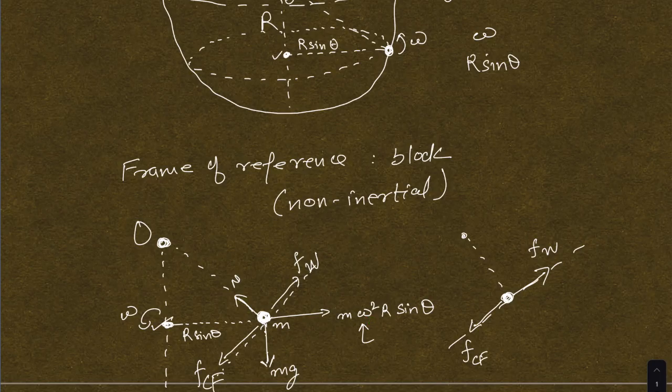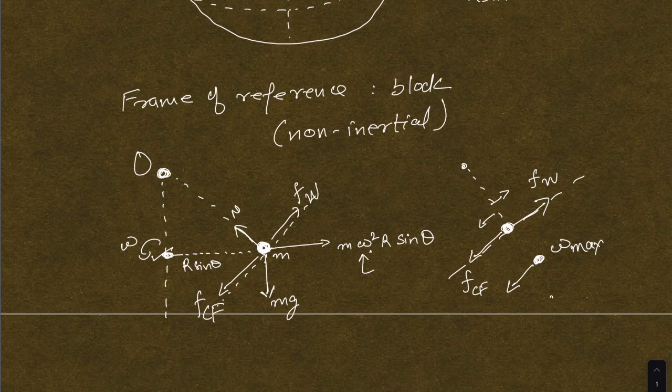So we can assume that since these two forces are in opposite directions, the net friction force on the block is either in this direction or in this direction. For the maximum value of omega, we can assume that the net frictional force is in this direction. For the minimum value of omega, we can assume the other. This is the case of omega max and this is the case of omega min.